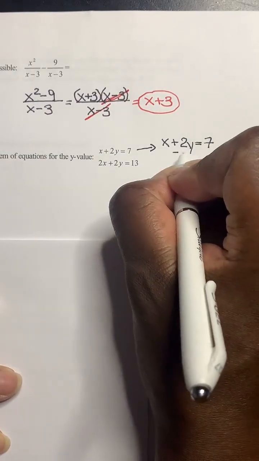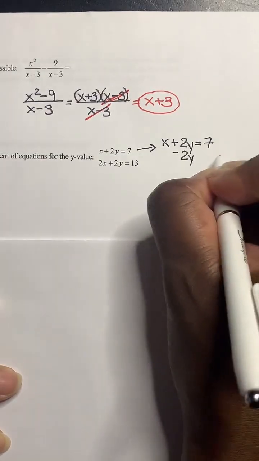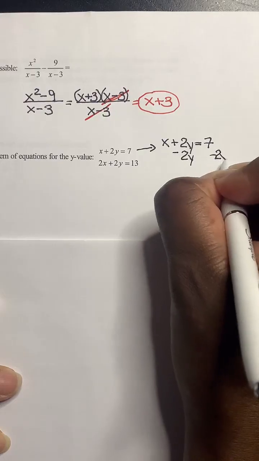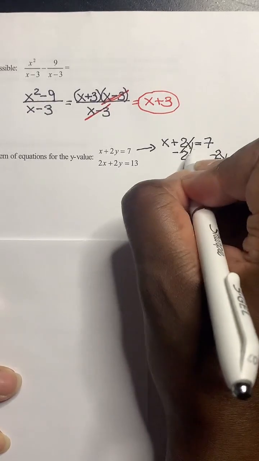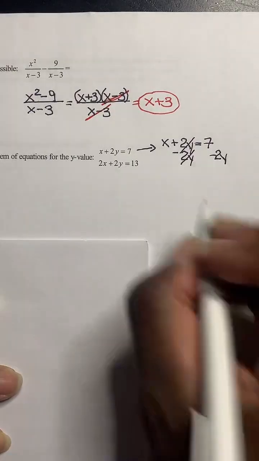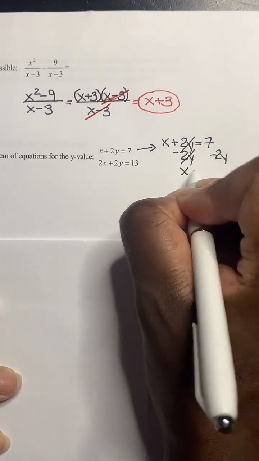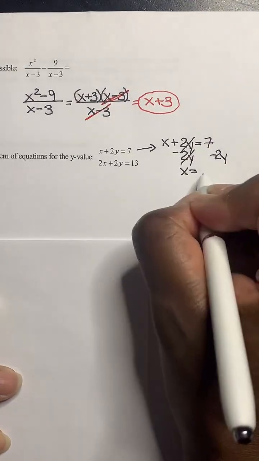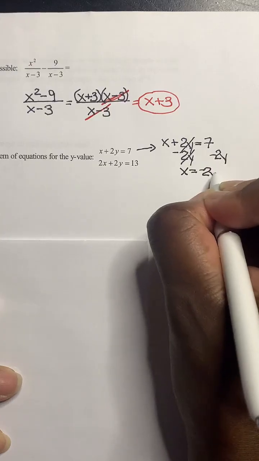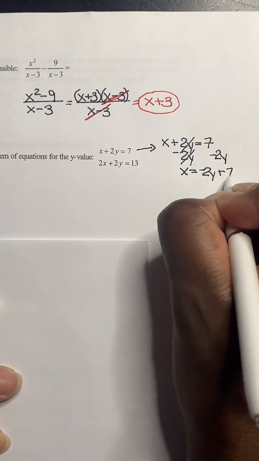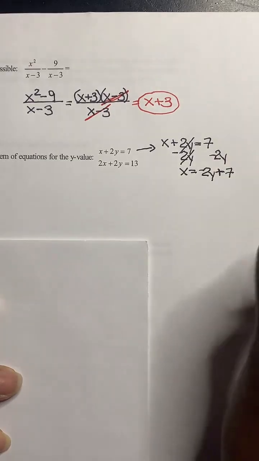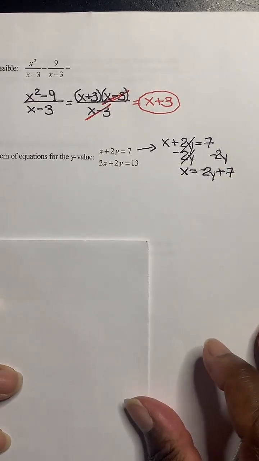All we have to do is subtract the 2y on both sides. I know there's another way of doing this, guys. Relax. So we have x equals negative 2y plus 7, or if you did 7 minus 2y, that's fine as well.